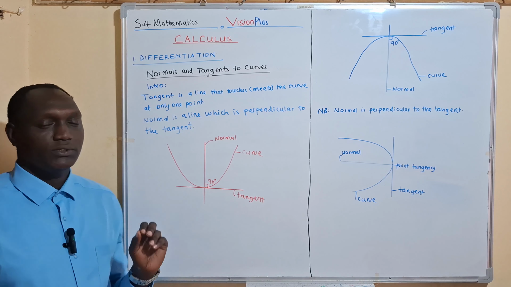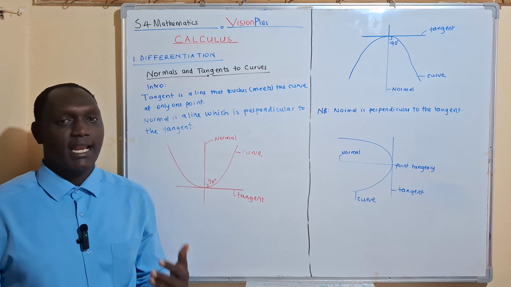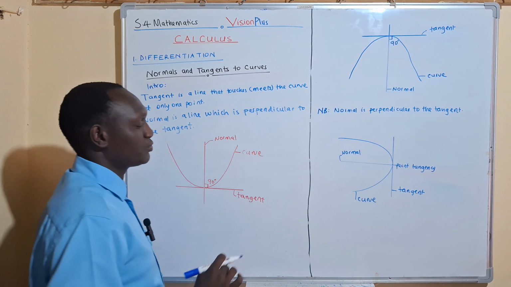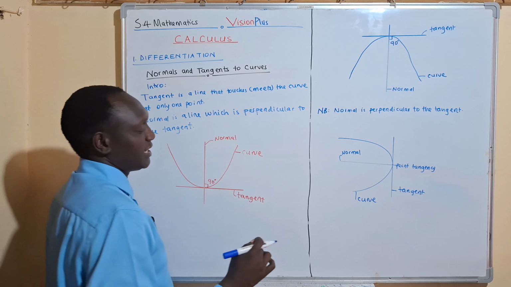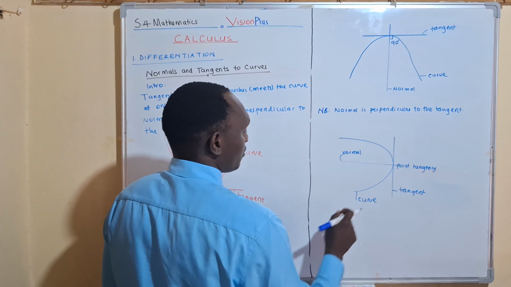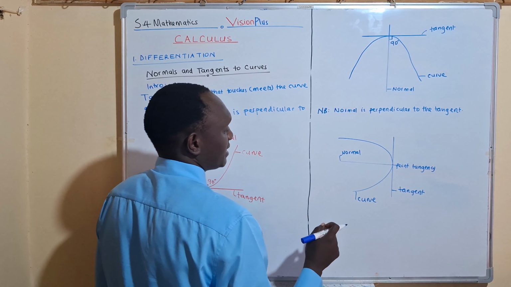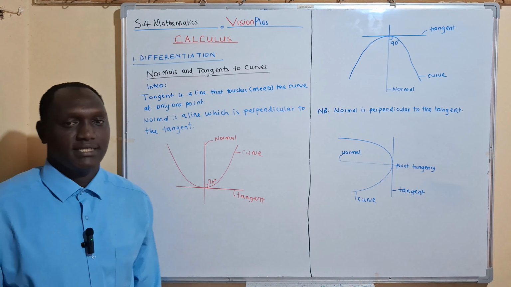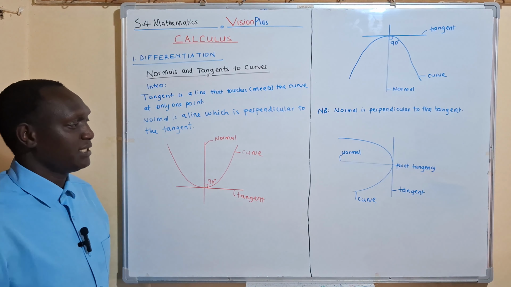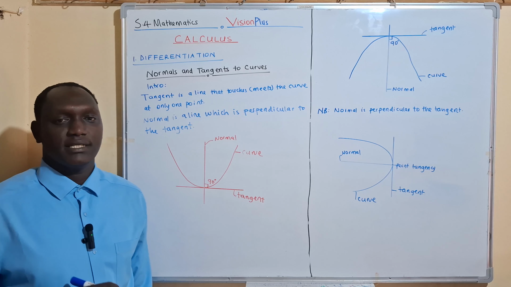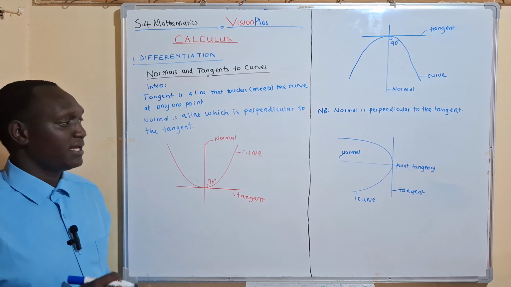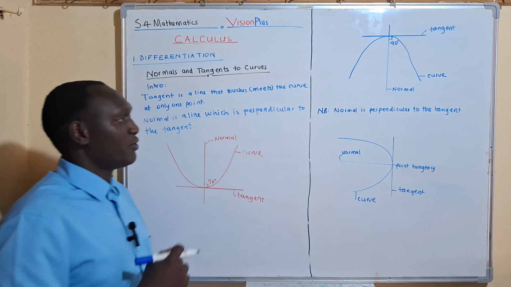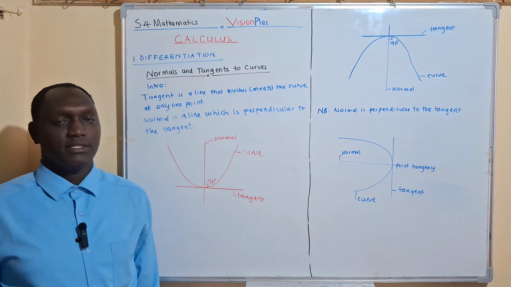But here we shall always be given a question, and we analyze the question using the concepts that the normal is perpendicular to the tangent, or saying that the gradient function of the curve is the same as the gradient function of the tangent at the point of tangency. Or we shall even say the gradient of the curve at a point is the same as the gradient of the tangent at that point of tangency.